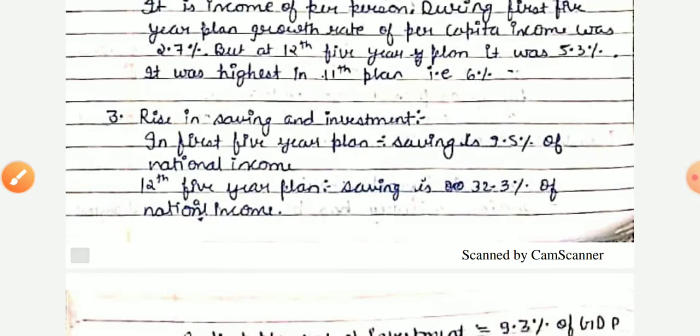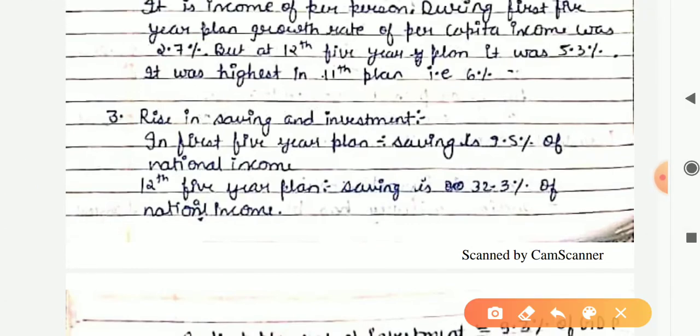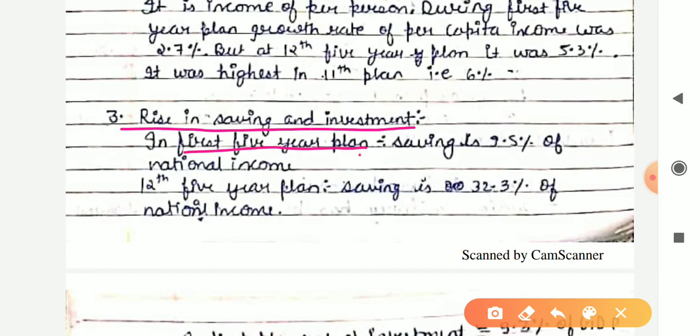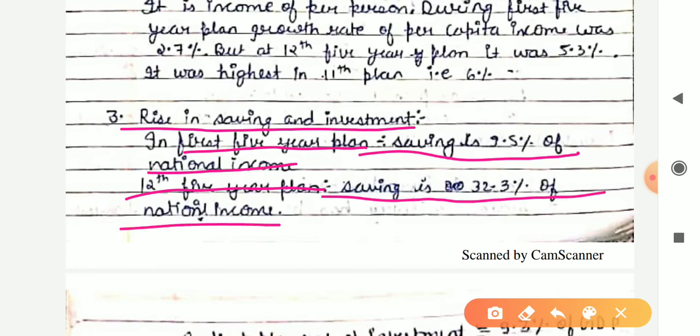The third achievement of 5-year plans is rise in saving and investment. In the first plan, saving is 9.5% of our national income, and in the 12th 5-year plan saving is 32.3% of national income.